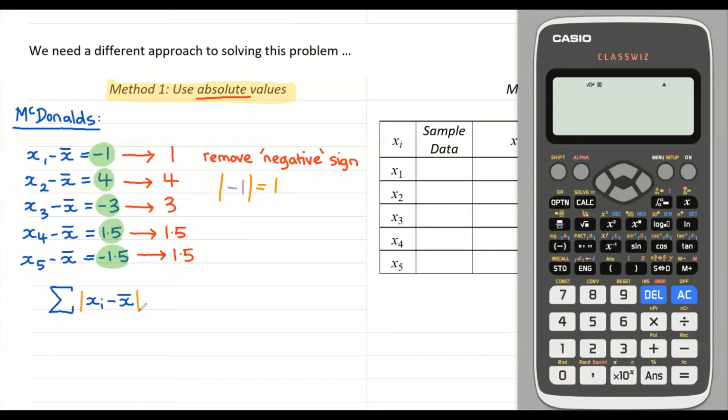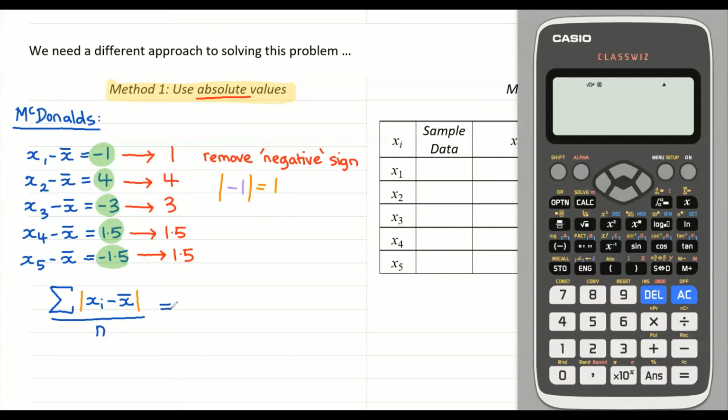It's not a bracket, it's a bar, a straight line. That means it's the absolute value. And then if we take that number, we can remove the possibility that they're going to cancel out. And if we divide all that by how many data points we've got, surely that should give us a decent answer.